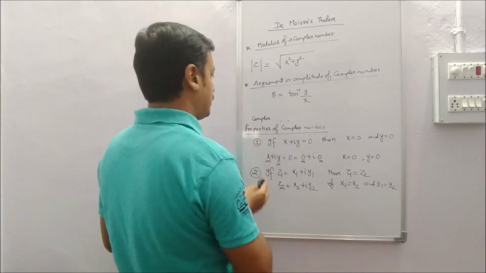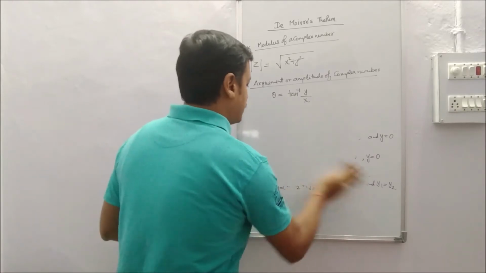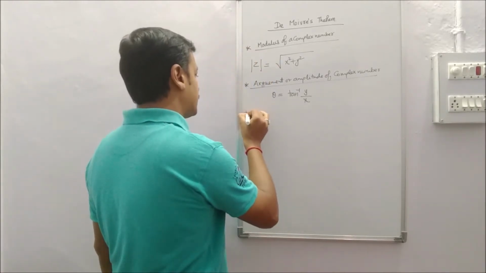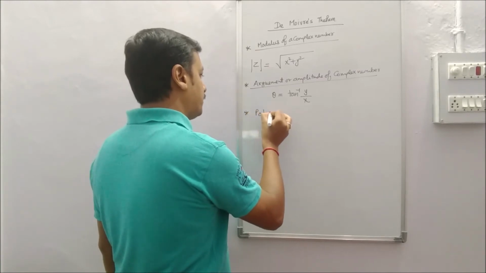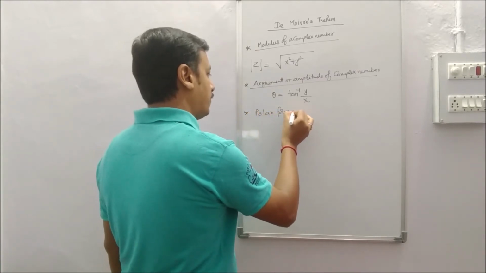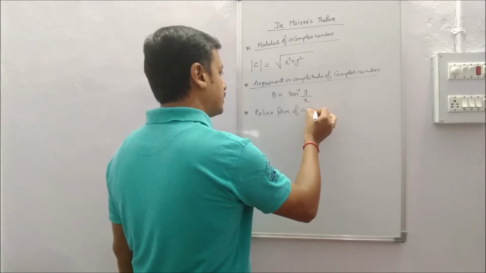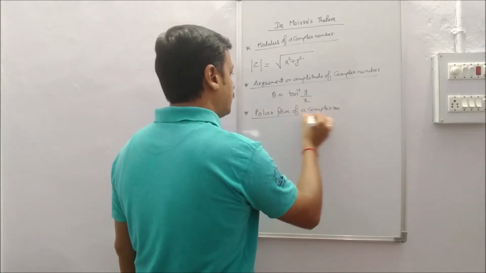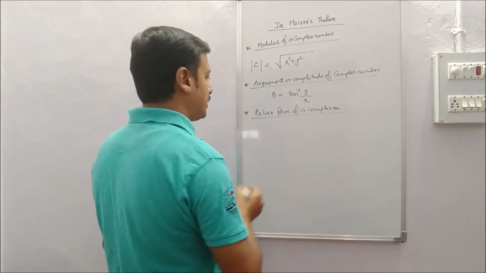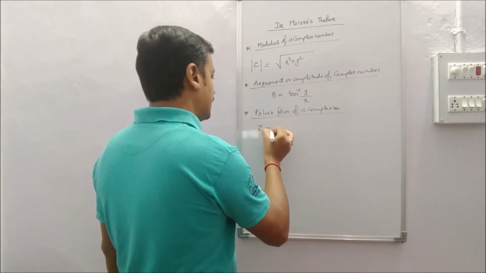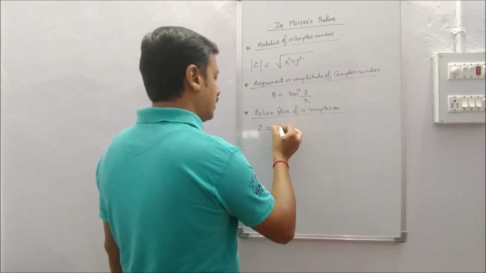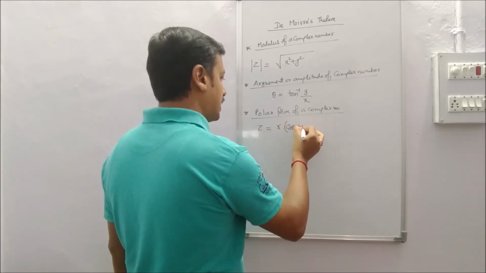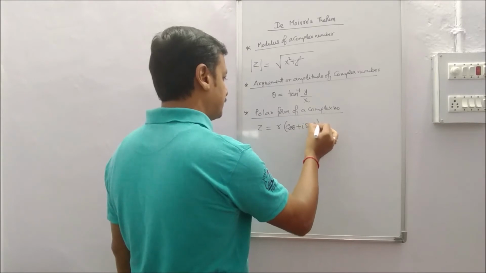Now the last property of complex number is the polar form of a complex number. The polar form of complex number z is r into cos theta plus i sin theta.